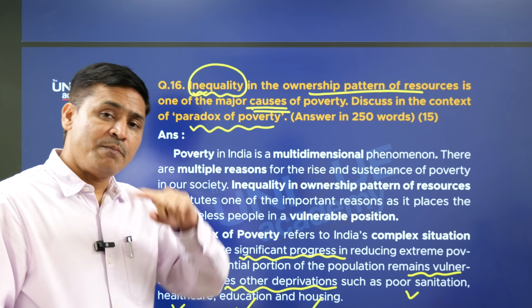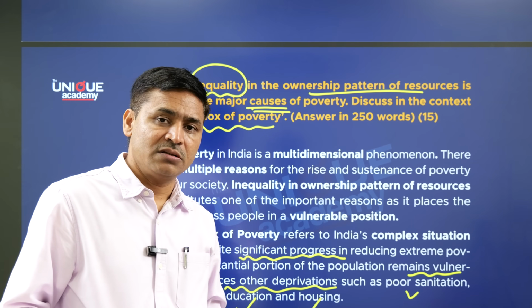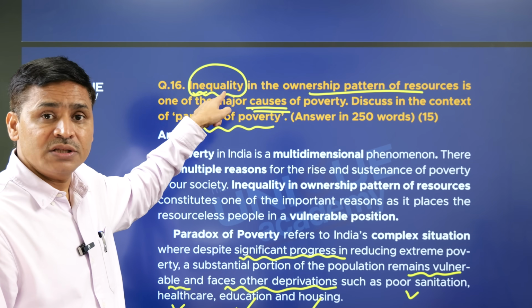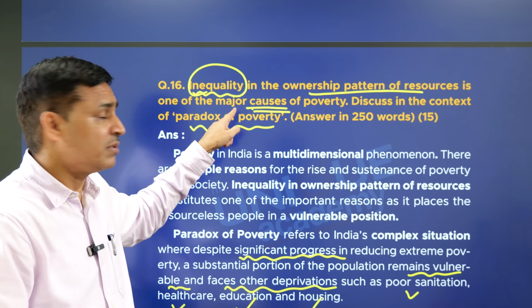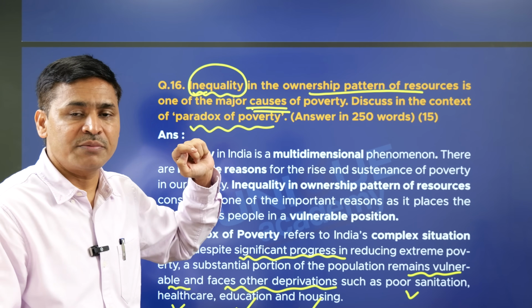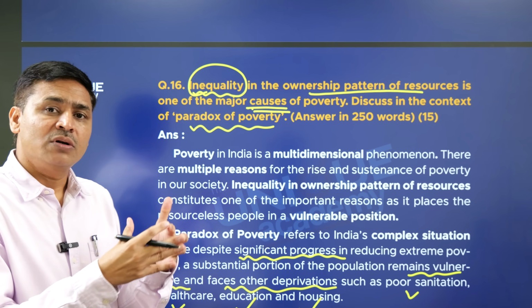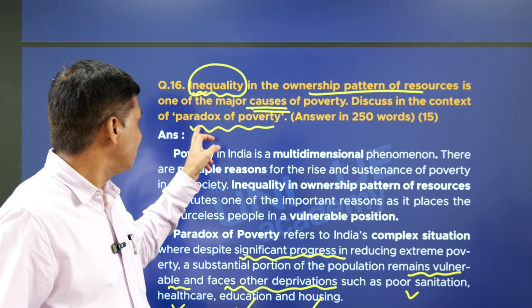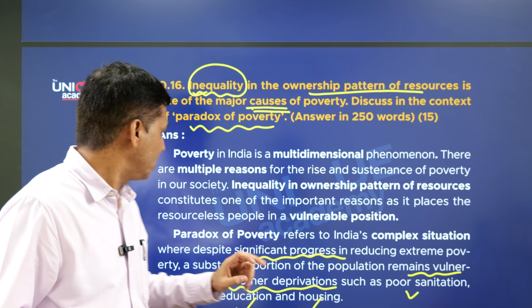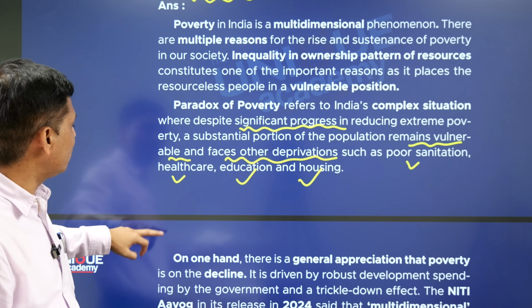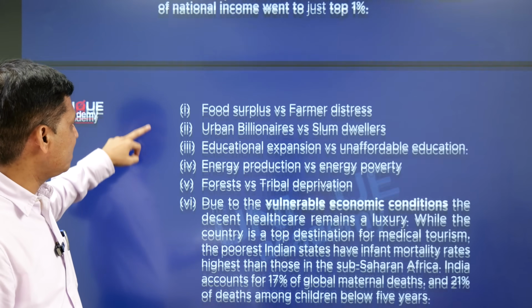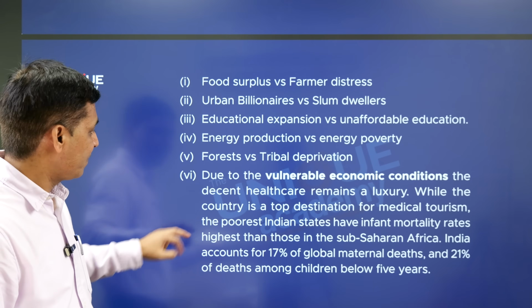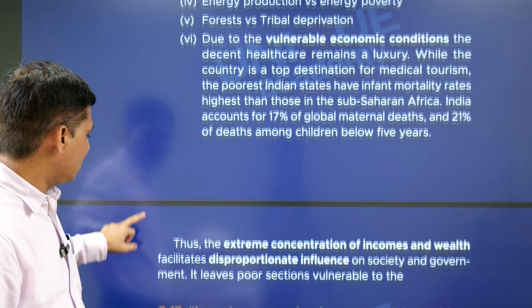Poverty is the larger circle. Then this being one of the major causes of poverty, that is the inequality in the ownership of resources, you have to fit in something called a paradox of poverty. And that is what we have done. The introductory part, then the data from both aspects, and then the paradox, the concluding argument.